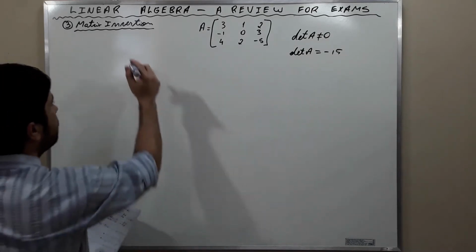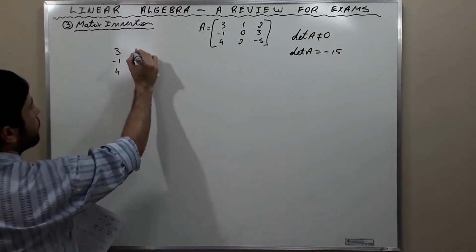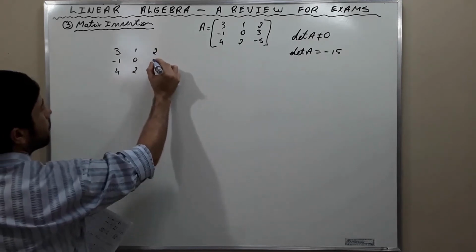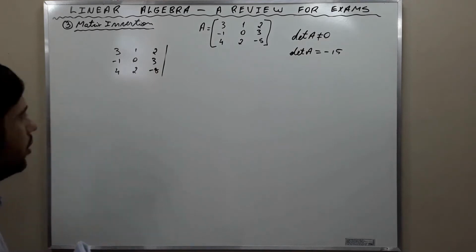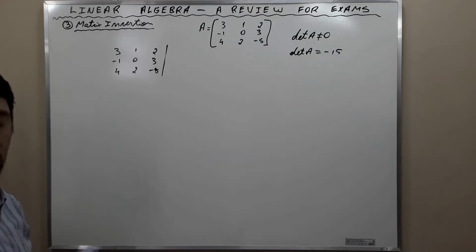Okay? Let's rewrite this matrix here, and beside it, we are going to write the identity matrix.